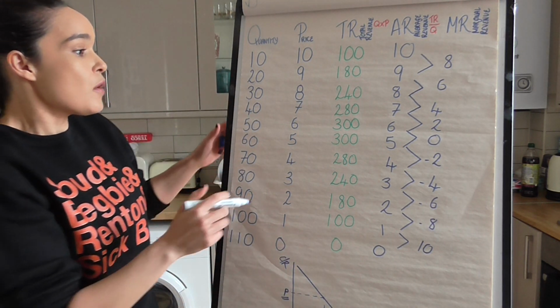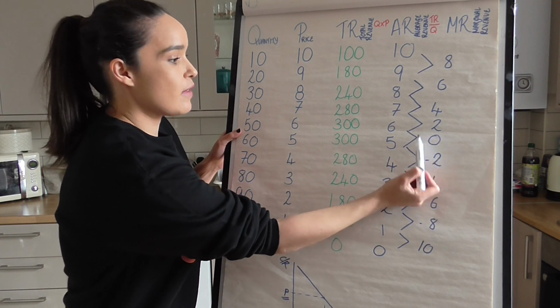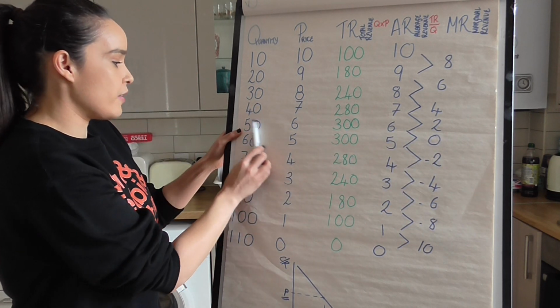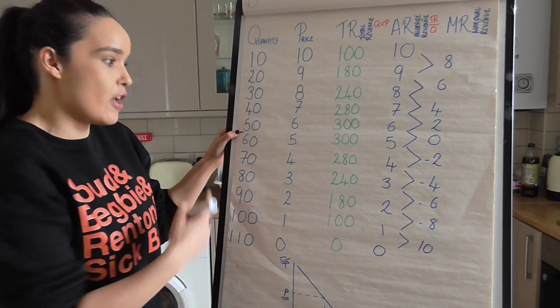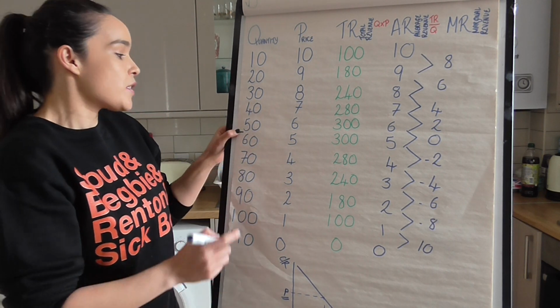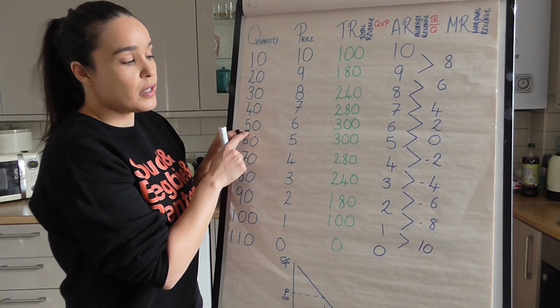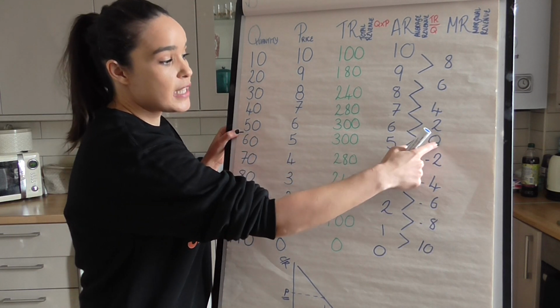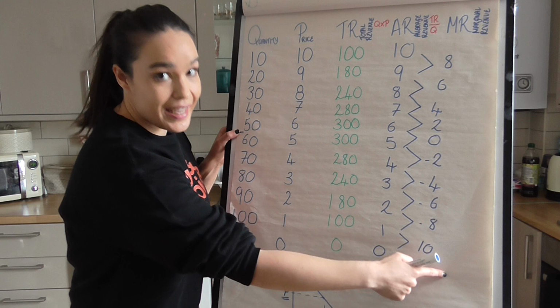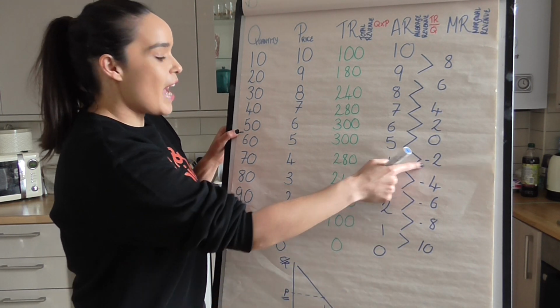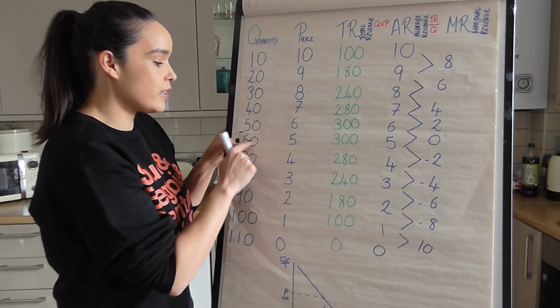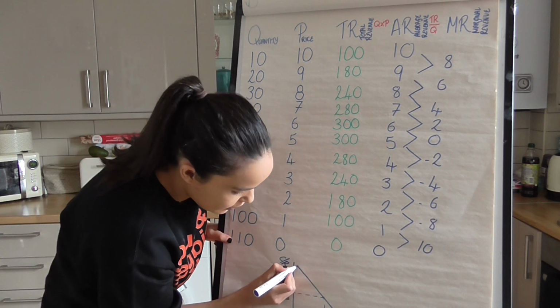But also, we can see here that our marginal revenue is 0 somewhere halfway along here. So I'm going to guess at 55. I actually know that it's 55. So I know that my marginal revenue cuts through zero, it actually continues into negative, whereas our average revenue just hits zero. And that happens halfway across here at 55.